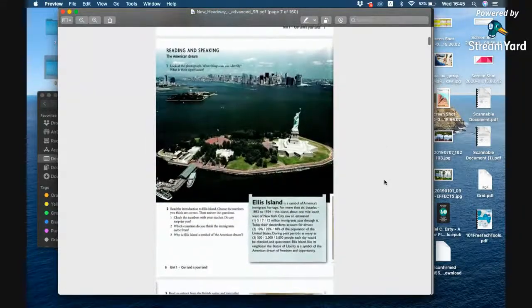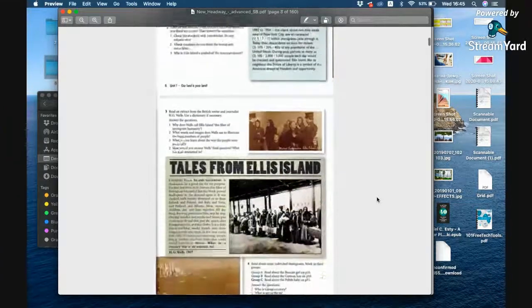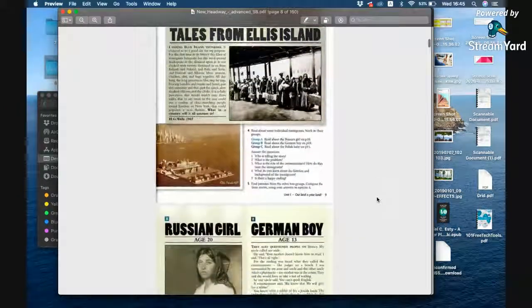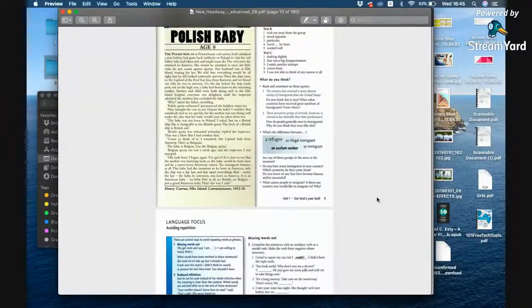Moving on, we have a reading section. Reading about Ellis Island. Ellis Island is a very particular and historic island in US history, and you'd have to read 3 pages of text plus the exercises given.